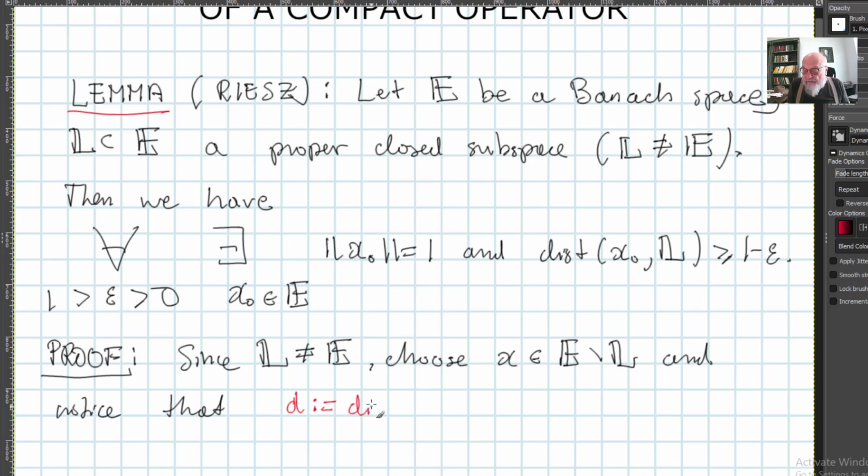Strictly positive. That's important, because if L is not closed, this could be not satisfied.